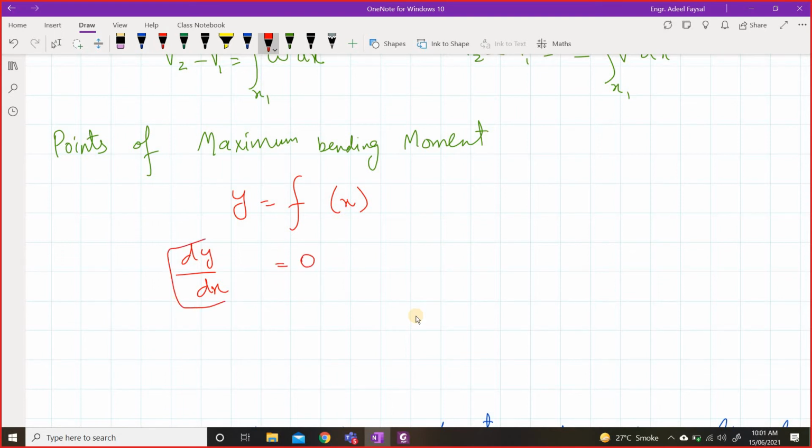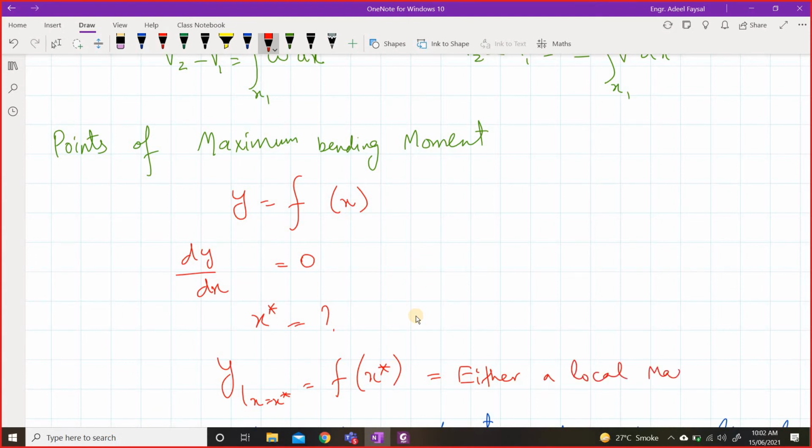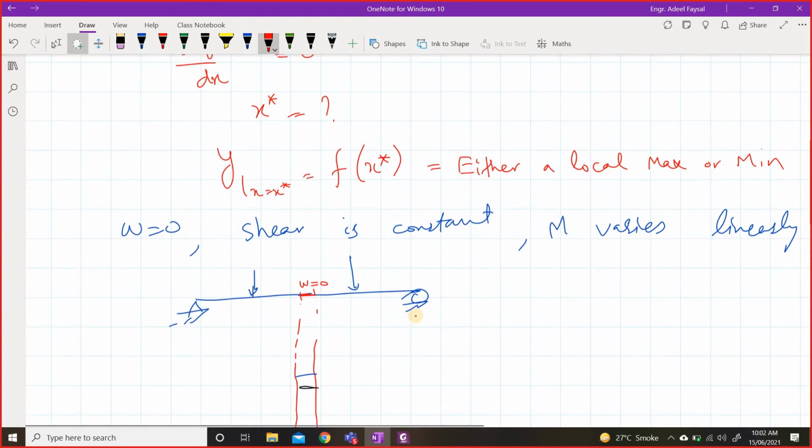It means you will be able to locate the points where the slope of this function becomes equal to 0. Let's call those values of x, x star. When you evaluate this function at x equal to x star, you will get either a local maximum or a local minimum. This is the mathematical concept.